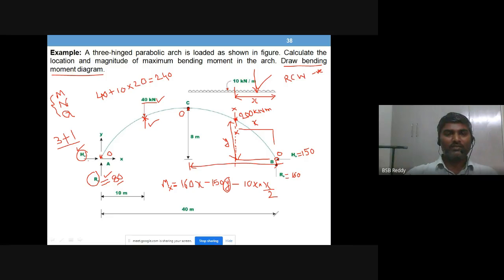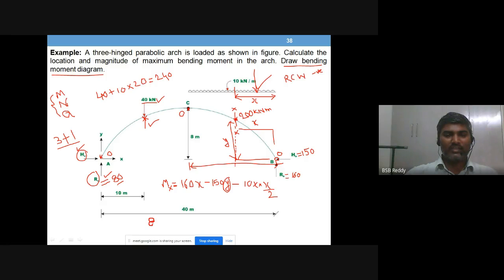It's very simple to calculate the bending moment under the point load of 40 kilonewtons. How do you get it? If you take the sum of all moments to the left, you will get the bending moment. I'll just write the value, you check with the values.